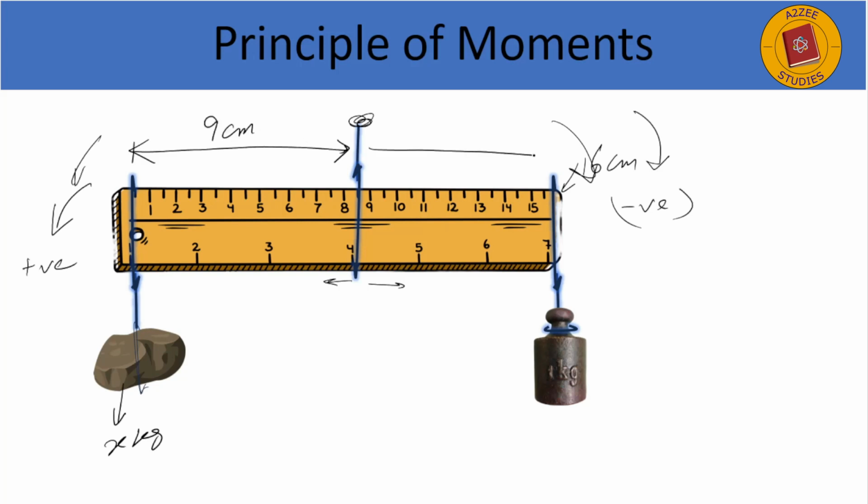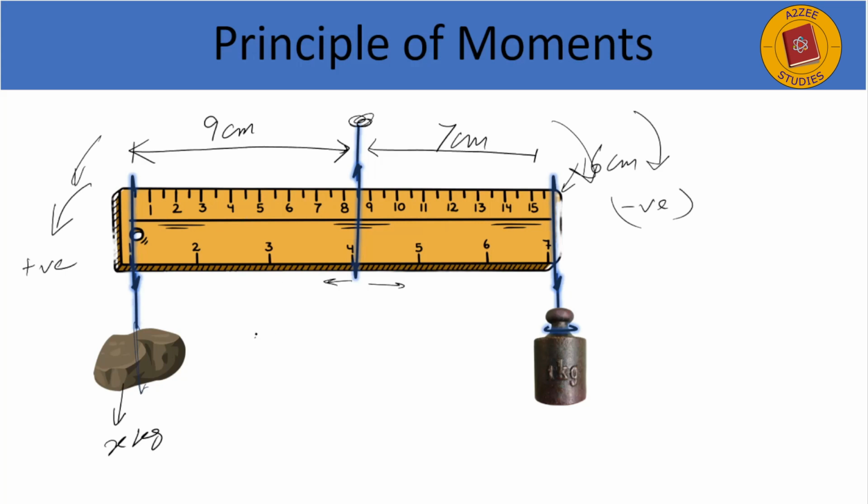So this length will be 16 minus 9, this will be 7 centimeter. At this point the ruler has attained equilibrium, it's not going this side or this side. So what is the anti-clockwise moment or the positive moment?